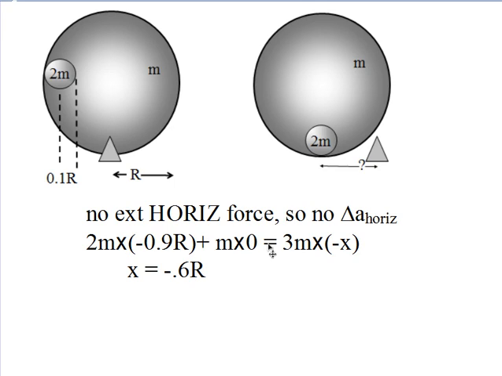Then you just do the arithmetic, and x, this x here, comes out to be negative 0.6 r. How clean, how sweet, if you will just learn how to work with center of mass.